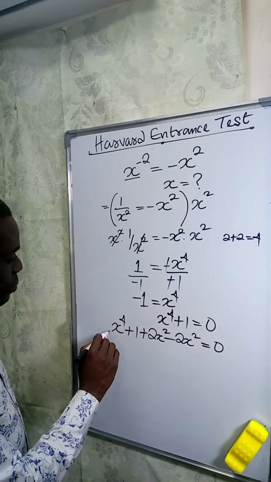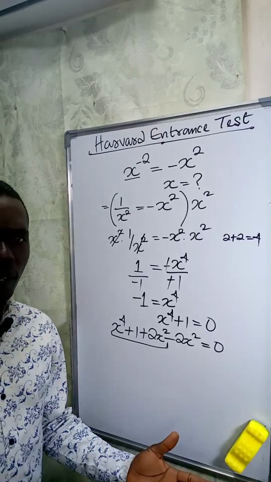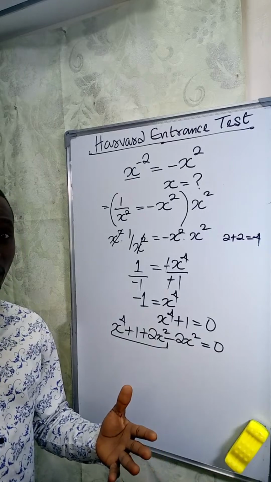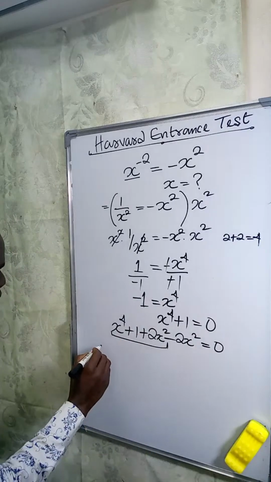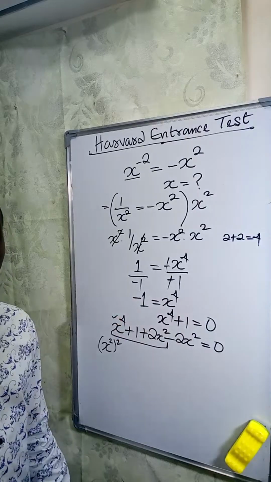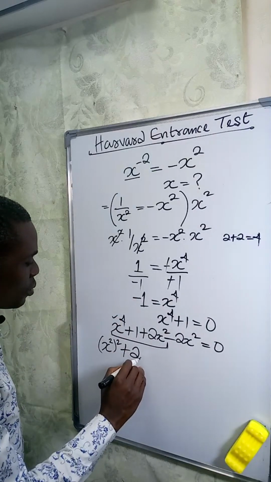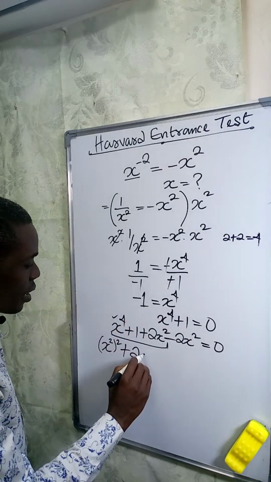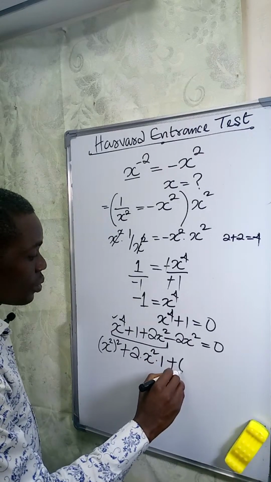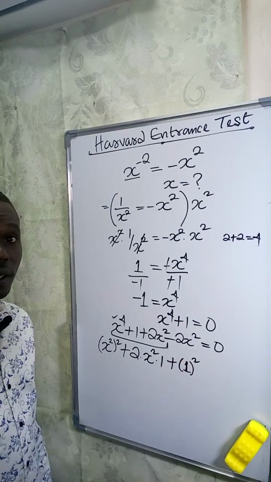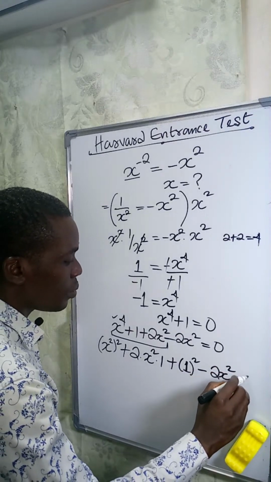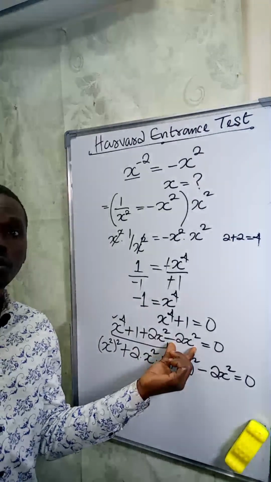Now, if I simplify that expression considering the algebraic formula, this expression can give me x squared all squared, plus 2 multiplied by this x squared multiplied by 1, and this will be plus 1 squared, and this will be minus 2x squared, and this will be equal to 0.